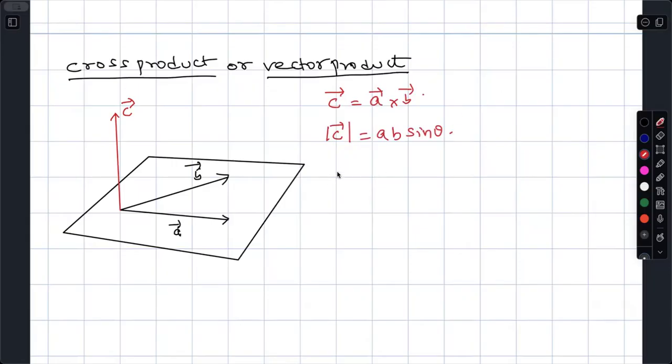Remember here, C bar is perpendicular to the plane containing A bar and B bar. So how to demonstrate the direction of this? The best thing you can do is the right hand grip rule. What is the right hand grip rule?